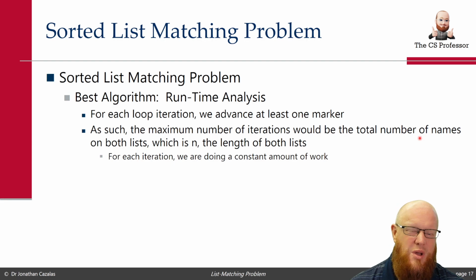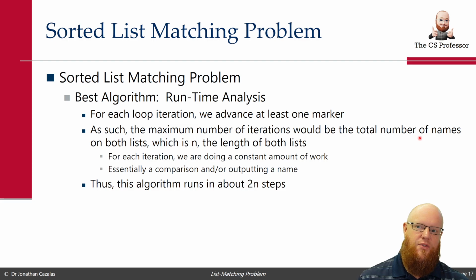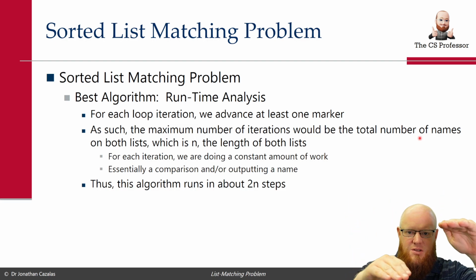At each iteration, we're doing a constant amount of work. We're just comparing two names, which means this algorithm really runs in 2n total steps, where n is the number of names on the first list, right? So imagine if we kept moving like this: this marker moved, then this one, then this one.